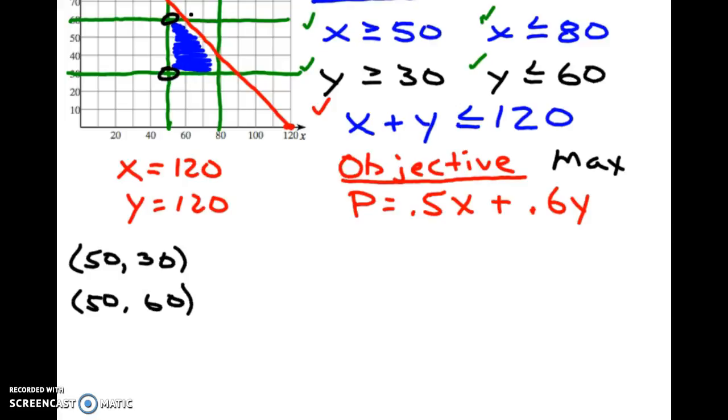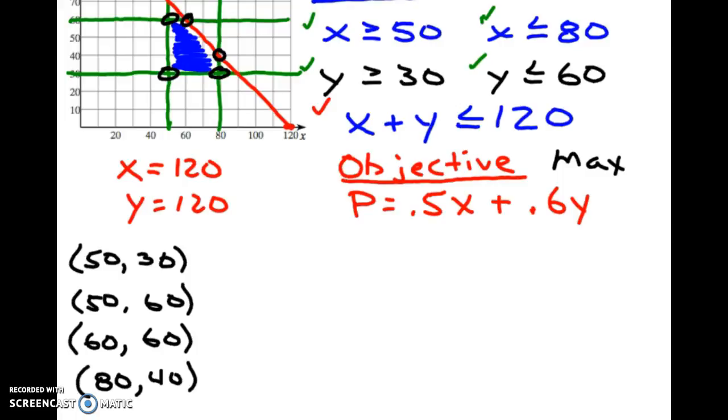Next one over, x value is now 60, the y value remains 60. Going all the way over to that corner, our x value is 80, and the y value is 40.